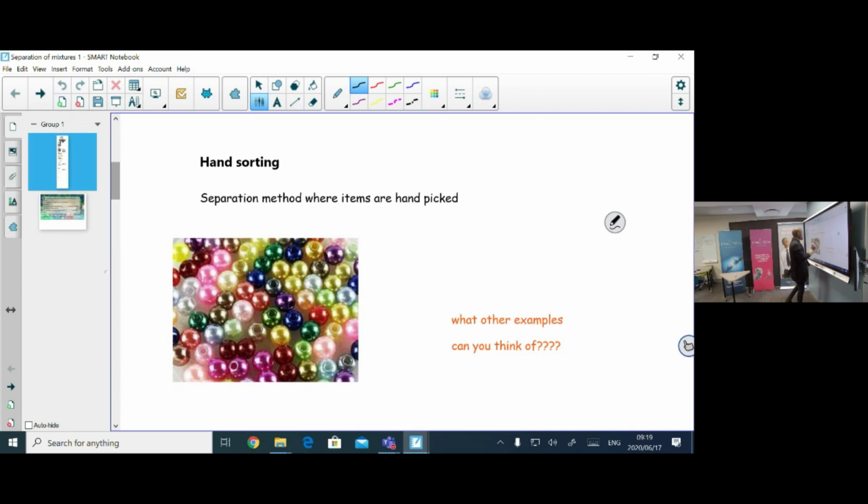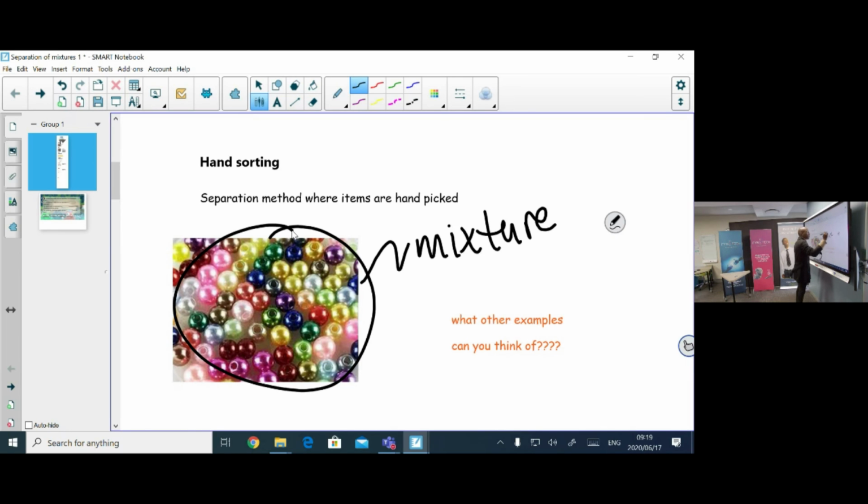You are separating a mixture, this being our mixture, and you're going to separate them by color, by choosing each one by virtue of their characteristic, say by color, say by shape, say by size.